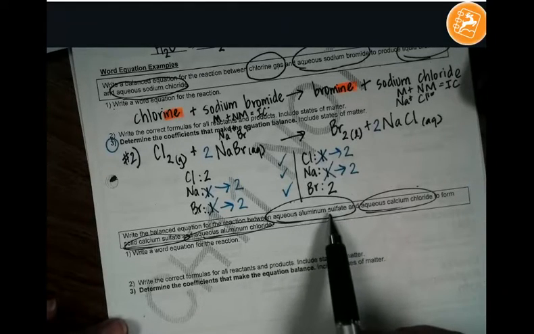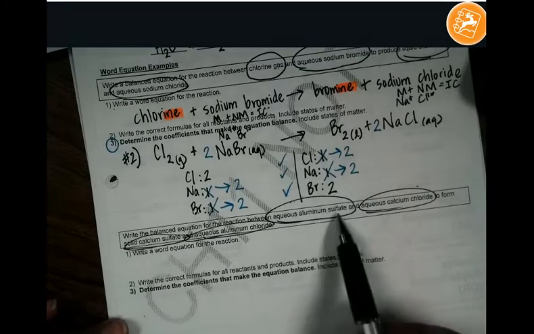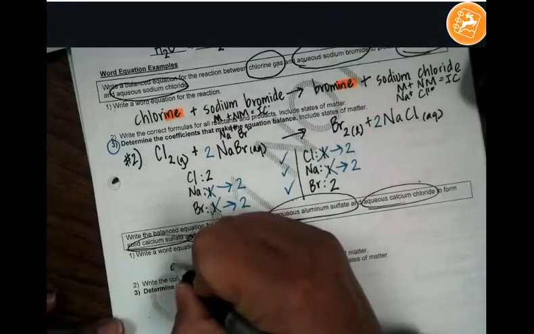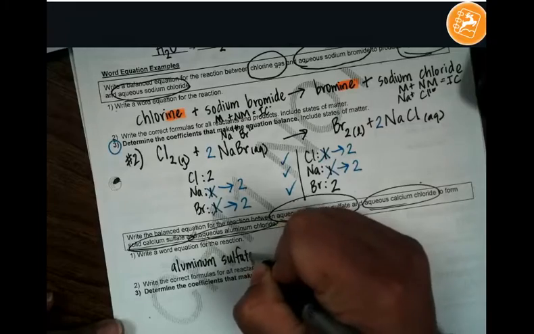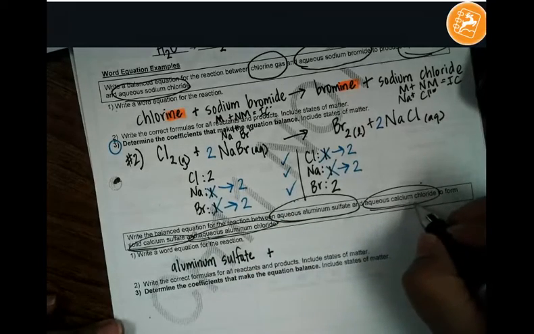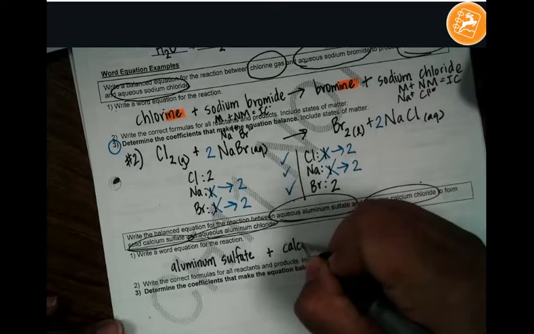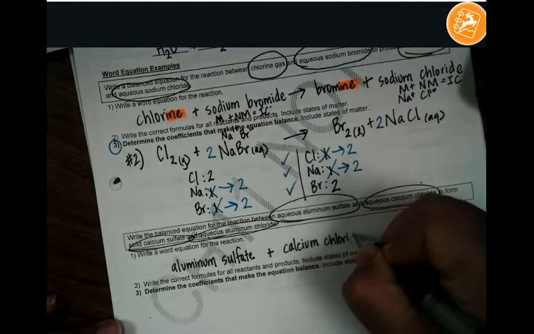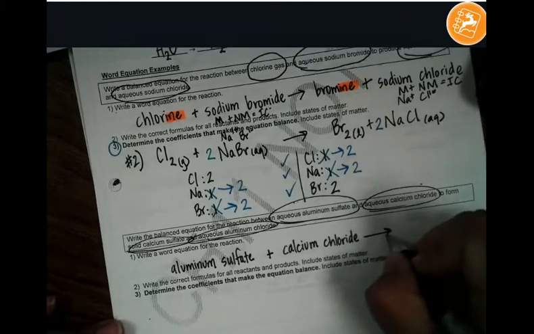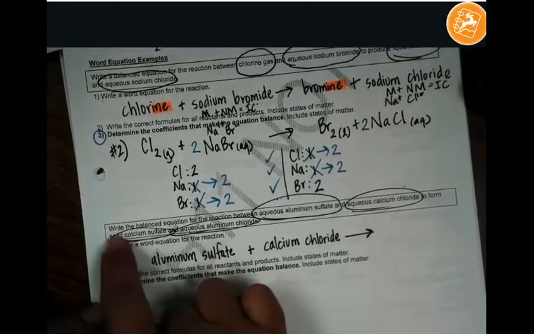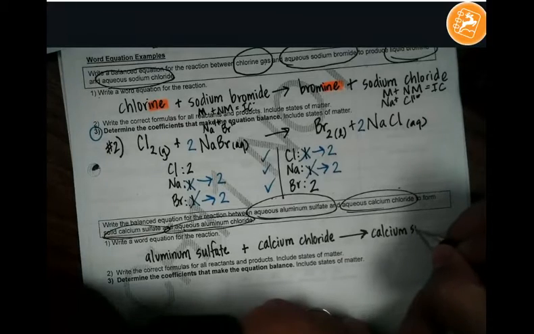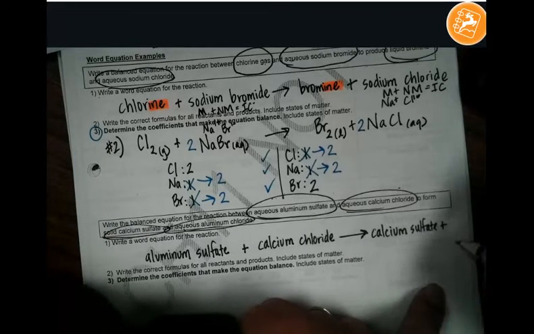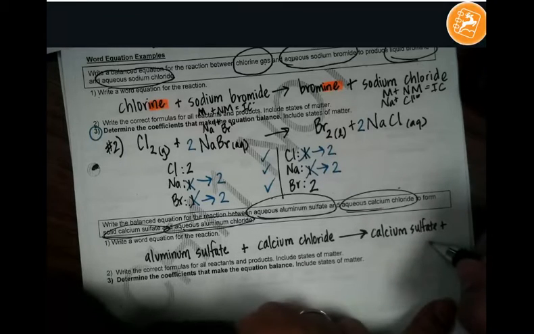So aqueous, remember, I don't include the states of matter for the word equation. I have aluminum sulfate, so I'm going to write aluminum sulfate plus, aqueous, remember I don't need the state of matter, calcium chloride, to form, so I put the arrow, I don't need the state of matter for solid, so I have calcium sulfate, and I don't need aqueous, aluminum chloride.